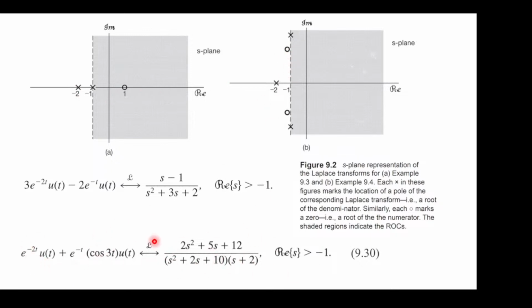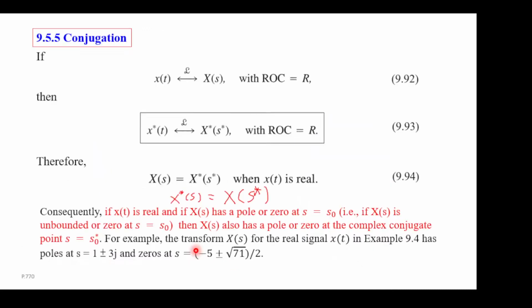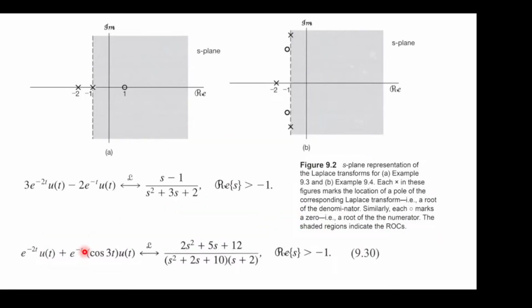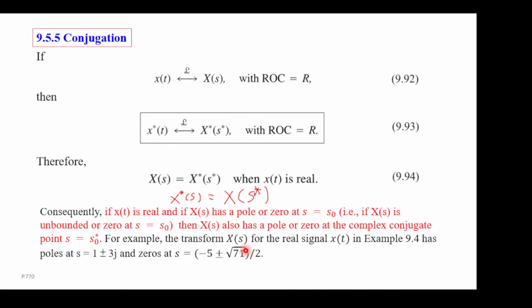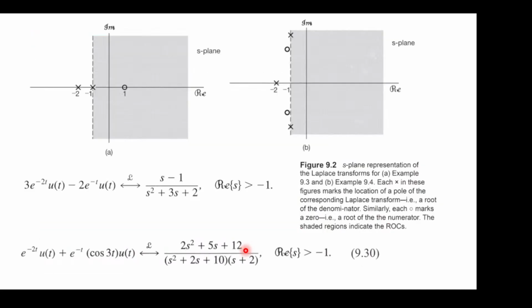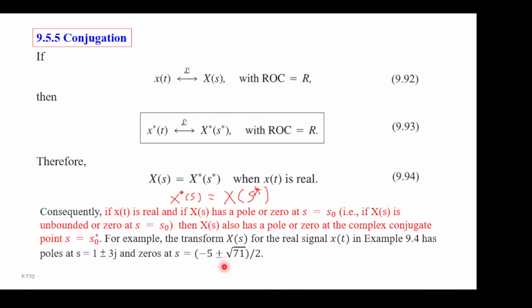For this example, you can also derive this. I guess this holds in general for all real functions, but you can kind of see it from a rational function. If you have real coefficients here, then obviously they are in pairs, but that's not quite obvious here.